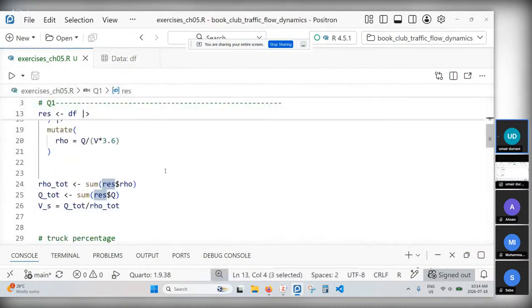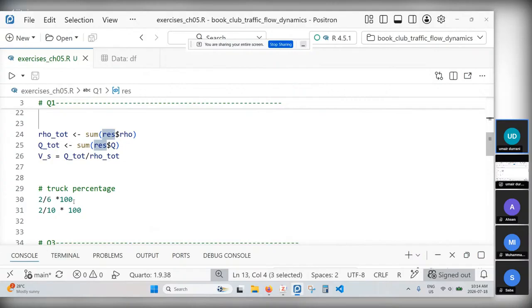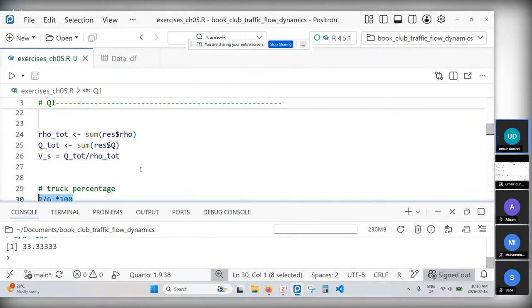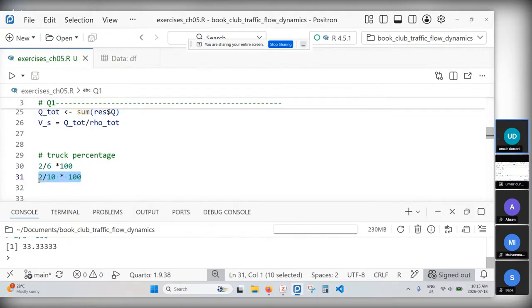So based on that, we'll get this as the percentage for trucks on the right lane alone. And then that's 33.3%. And then this is going to be 20% for the overall both lane based percentage of trucks.